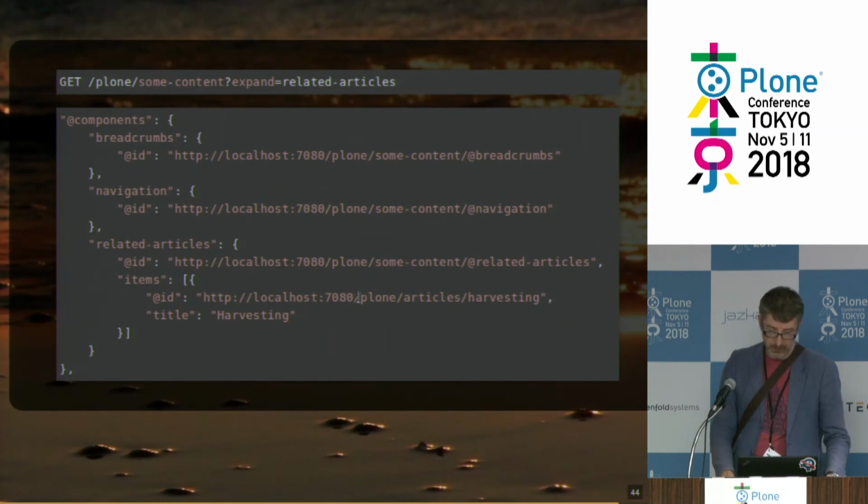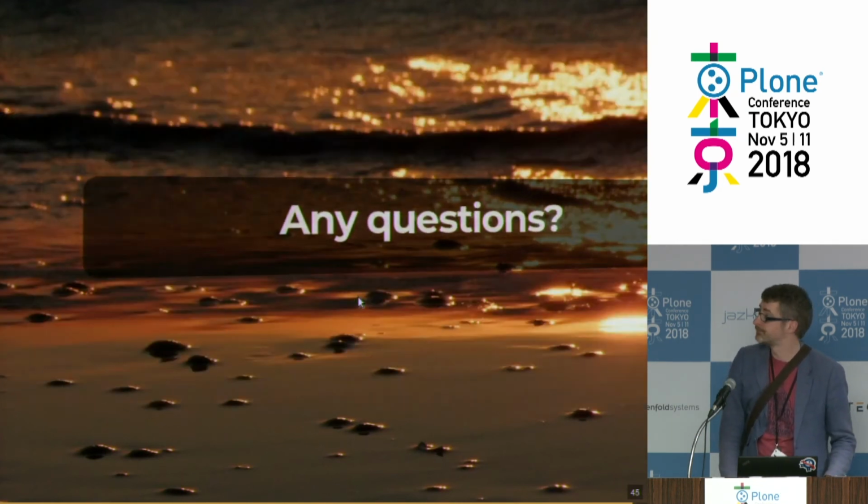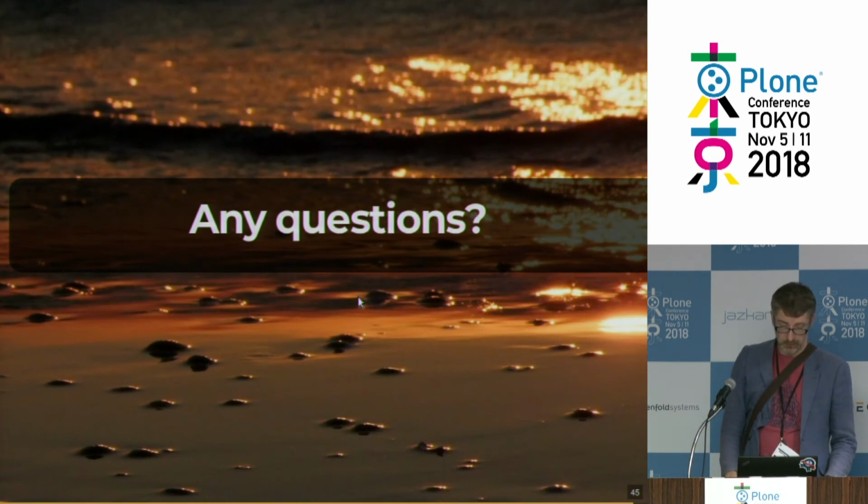So that's how it looks at the end. You have a new entry in the components list, which, when you use it with the expand feature, will extract and expand all your content, whatever you put in there. That's it. Any question?